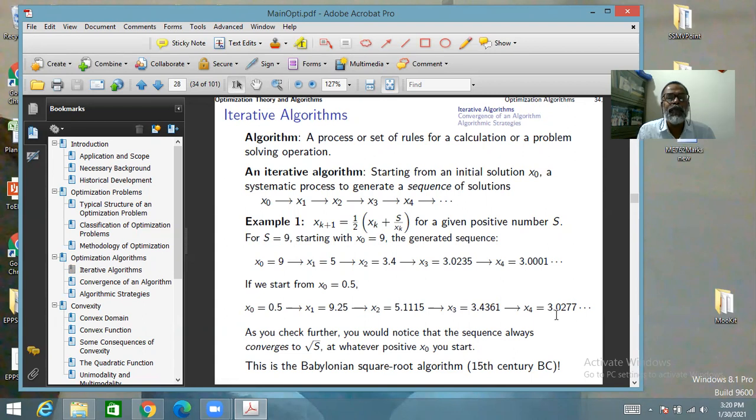As you check further, you would notice that the sequence always converges to square root of s, at whatever positive x0 you start. If you start from a negative x0, then it will converge to minus root s. This is in fact the age-old Babylonian square root algorithm. It was designed to get square roots. So this is an example of an iterative algorithm which converges.